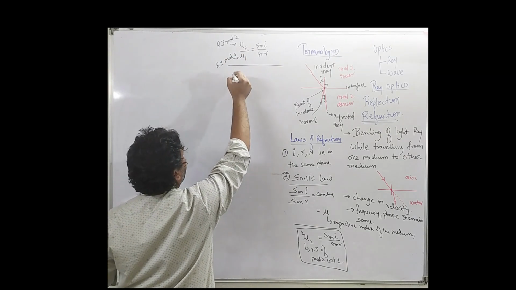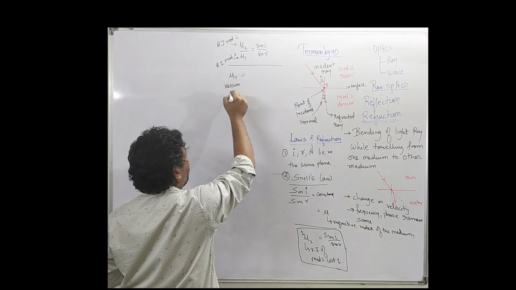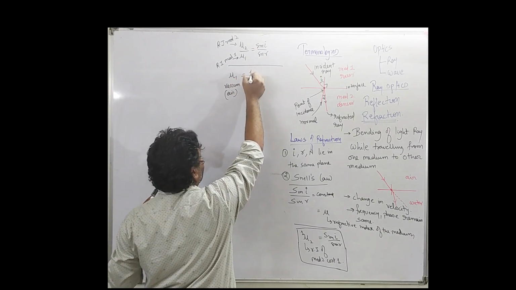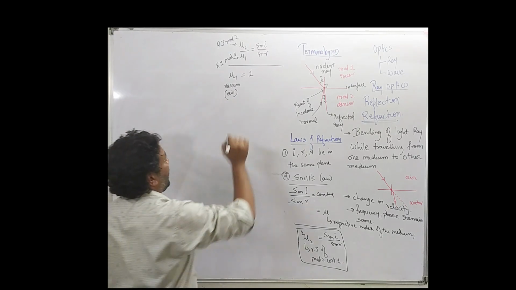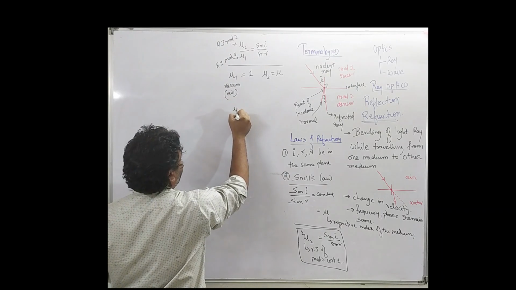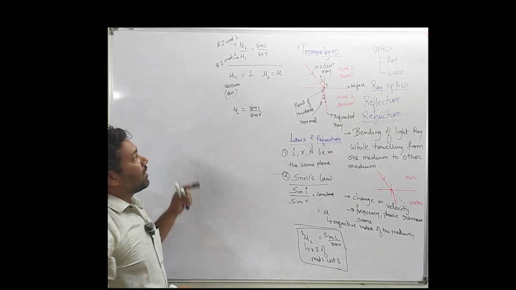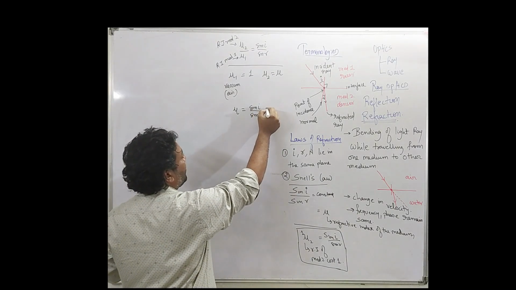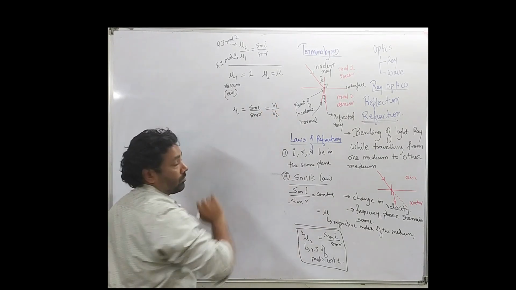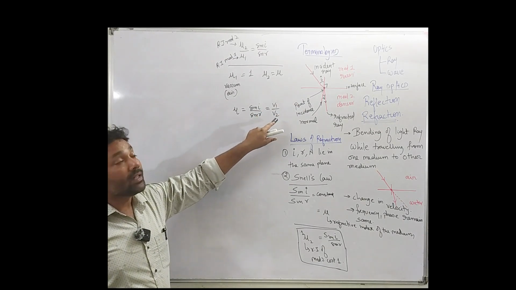Now let's say medium 1 is vacuum, or even if you take it as air, the refractive index for air or vacuum is taken as 1. And mu 2 we will replace by mu. So the above formula can be written as mu equals sin i by sin r. Here, if we write this formula in terms of the velocity of light, it can be written as v1 by v2. v1 is the velocity in medium 1, v2 is the velocity in medium 2.